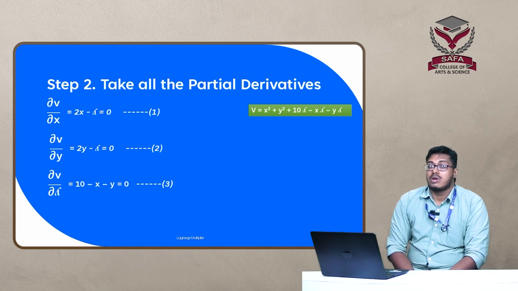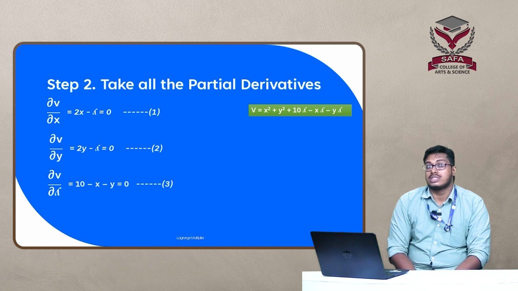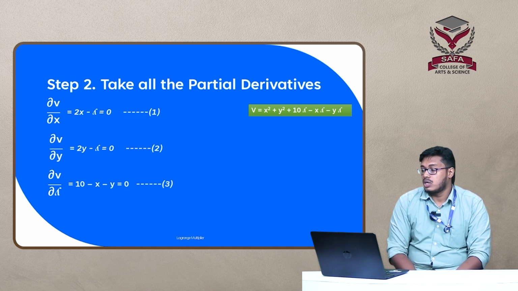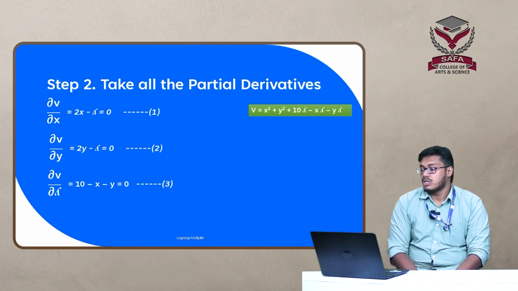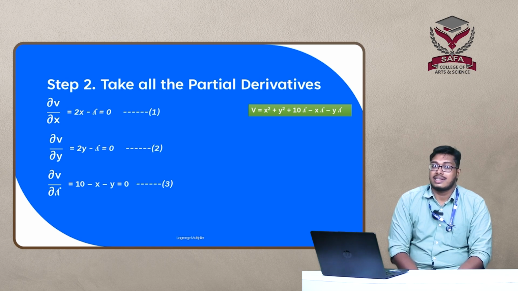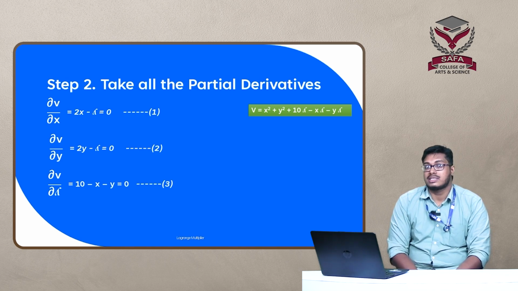Then the step 2, take all the partial derivatives. Take all the derivatives equal to 0. Then the first derivative is dou v by dou x. Dou v by dou x is equal to 2x minus lambda is equal to 0. When we take the partial derivative with x, then we consider only x parts.